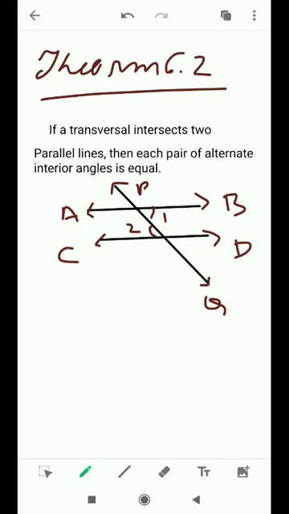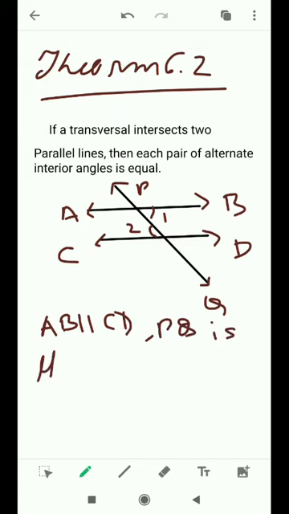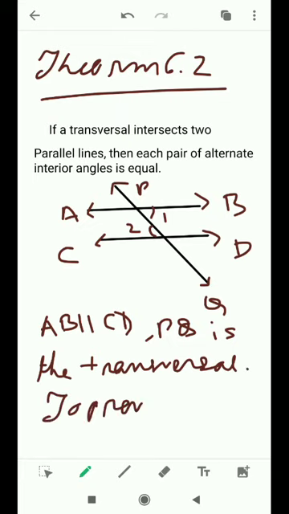So first we will write what is given. AB parallel CD, PQ is the transversal. To prove: angle 1 equal to angle 2.